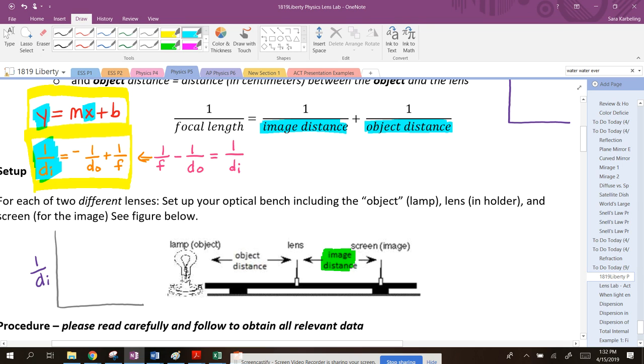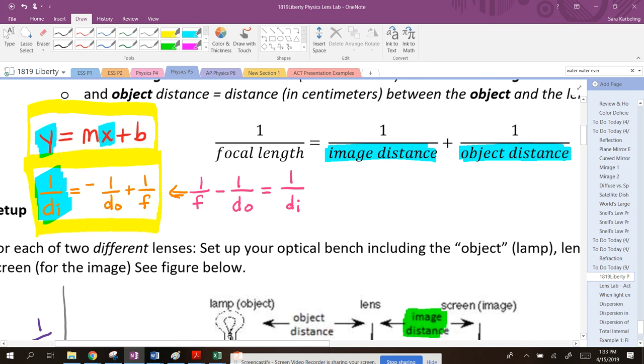What's going to be on my x-axis? Look at the similarities between these two yellow boxes, friends. Here's my y. What's my x? 1 over the object distance. 1 over the object distance, yeah.